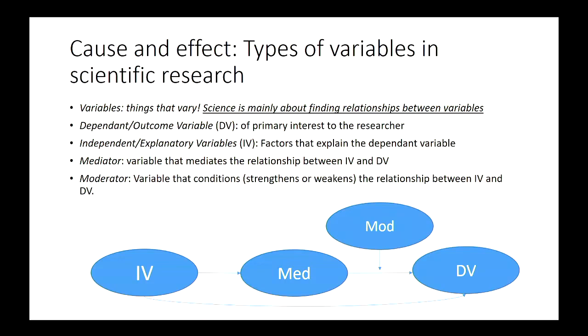For the moderating variable, they have a direct relationship. If this one increases, this one will increase. But for the mediating variable, maybe they have an indirect relationship. Works like this way. When there's a mediator, then the independent variable has an indirect effect on the dependent variable.